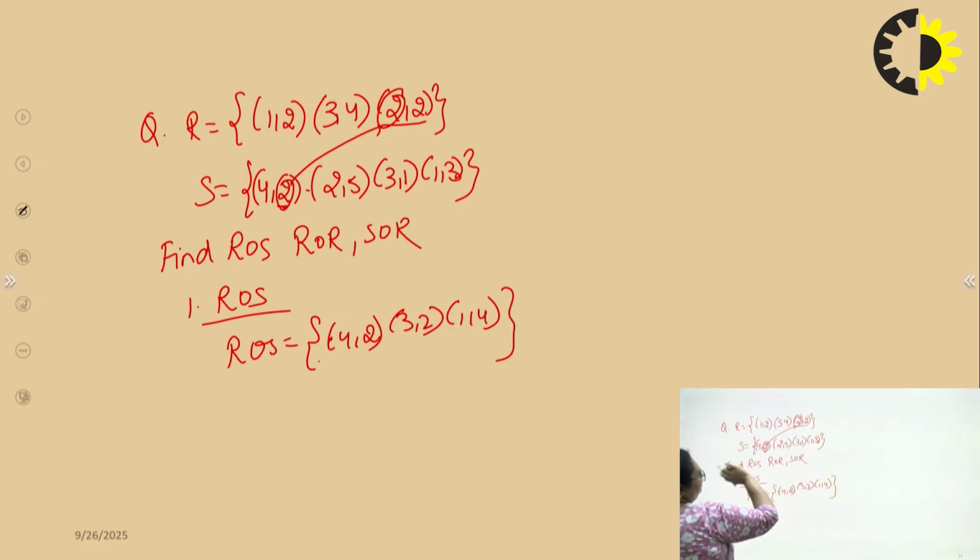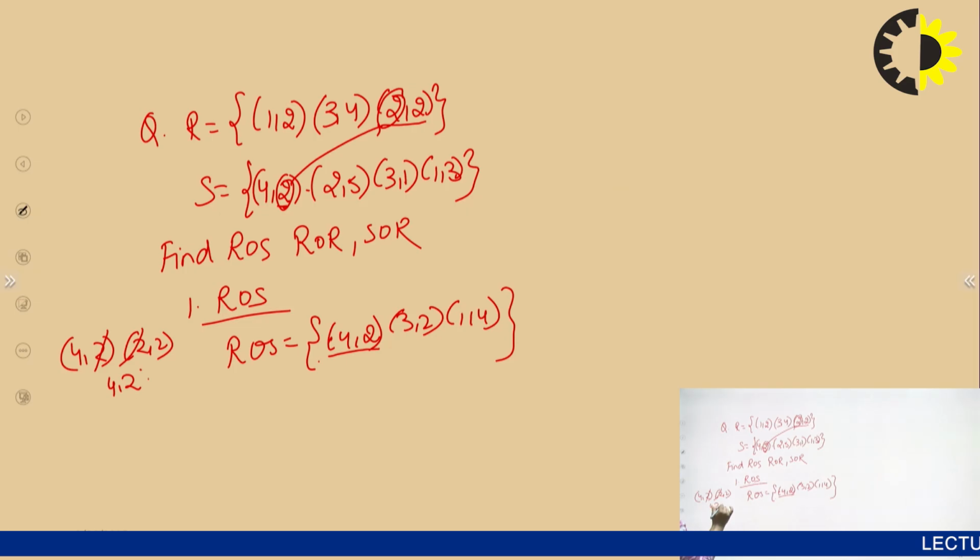So we will make a transitive relation for it, (4, 2). So we have combined two relations and used the transitive property for it. Like we were having (4, 2) and in R (2, 2). So we will cancel 2. The remaining answer will be (4, 2).